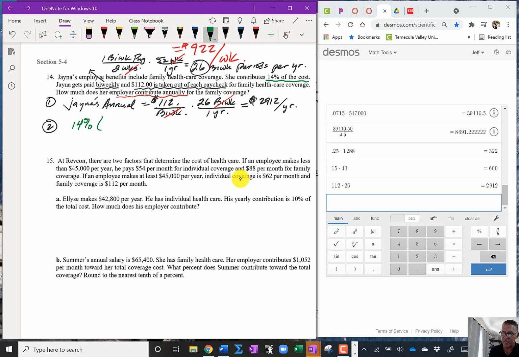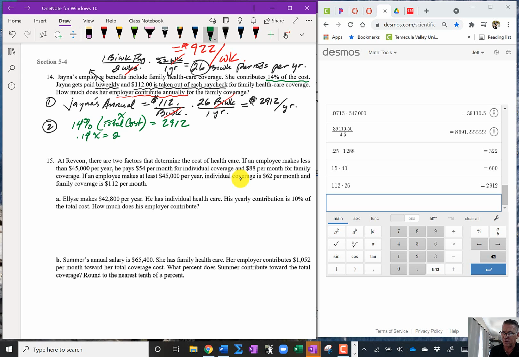Okay, let's continue. So 0.14 times X is equal to $2,912, so X is $2,912 divided by 0.14, and X is going to be a bigger number than this. When you enter it in, look what happens. The family plan costs $20,800 total.